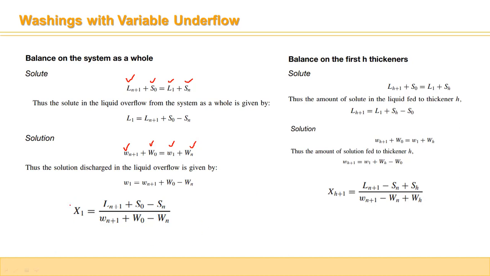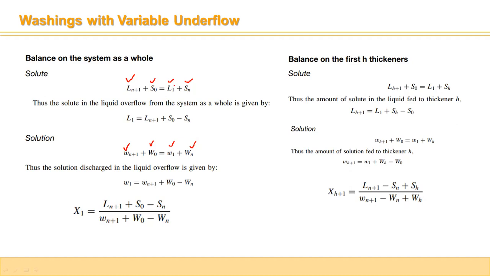This is the concentration of the solution that leaves your thickener number 1, which is your final thickened wash water. It took already the maximum amount of solute it can from your solid. So this is its concentration, solute over solution. We took this one from here.